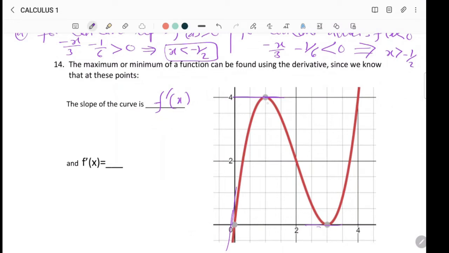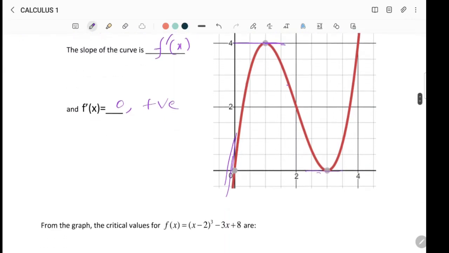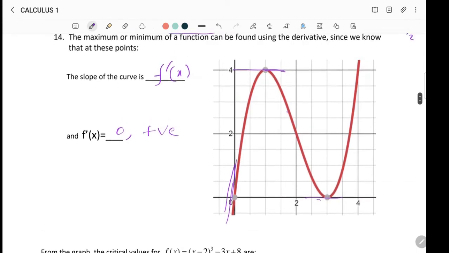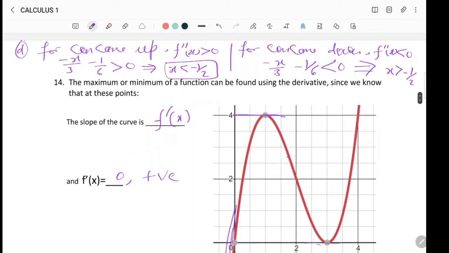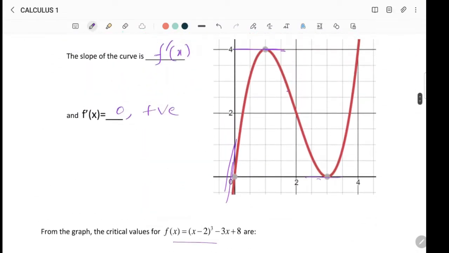So f dash x at this point can be 0, and at this point it will be positive. At this point it should be negative. So what is f dash x? I think this is related to this one. Okay, so we need to find f dash x.